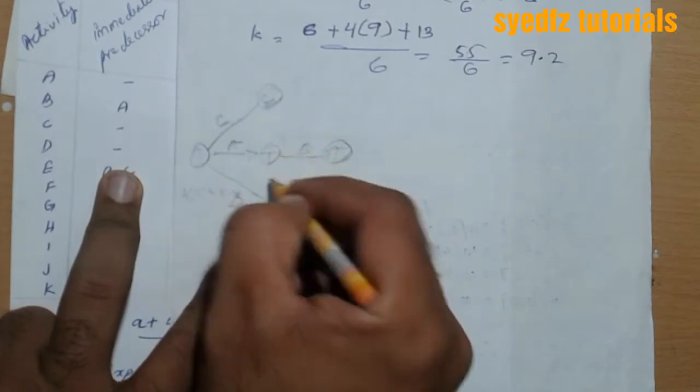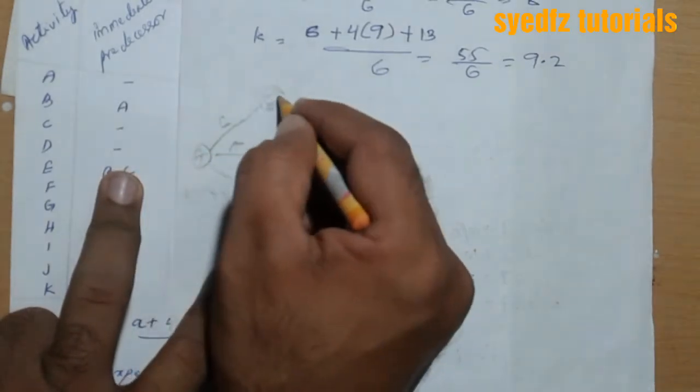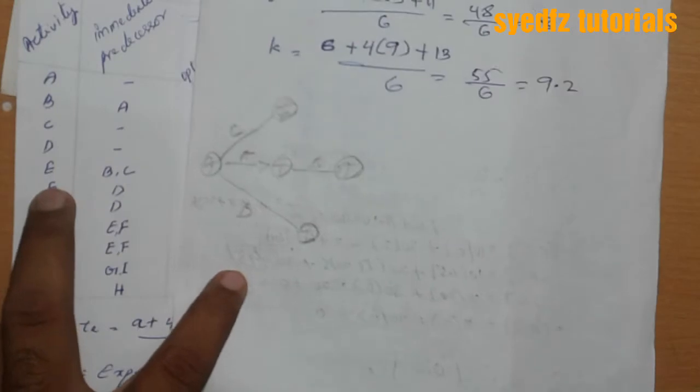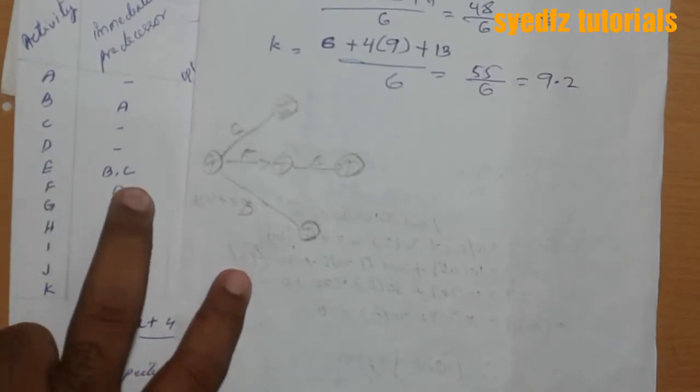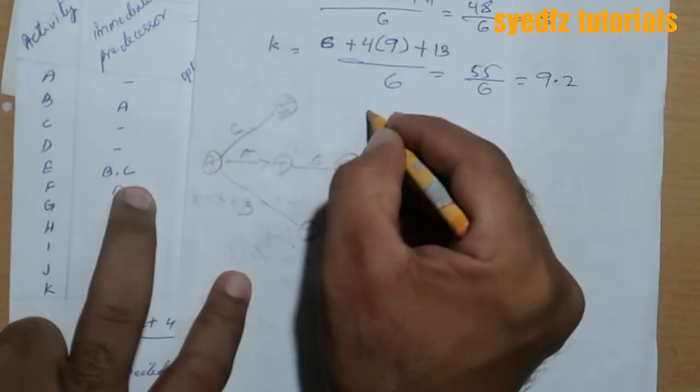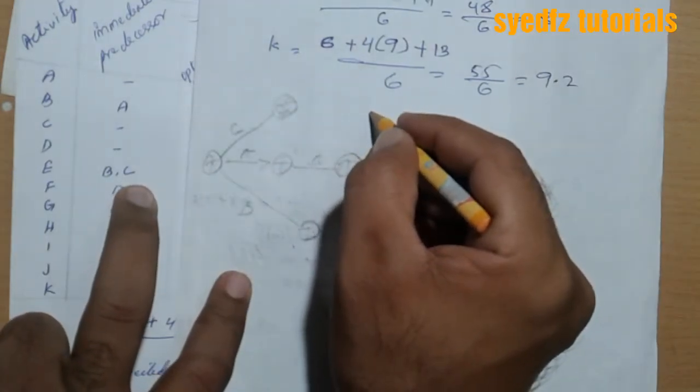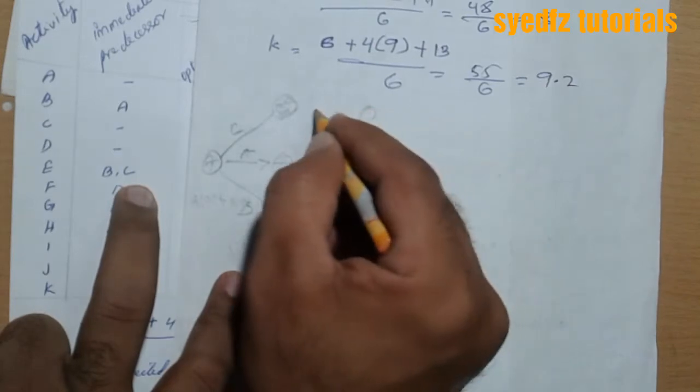I am creating heads. Activity E happens, and that is from B and C. Where is B? E happens from B and C, means there is a head.